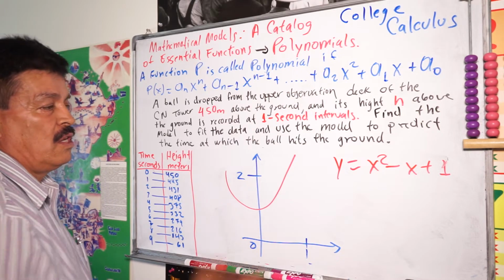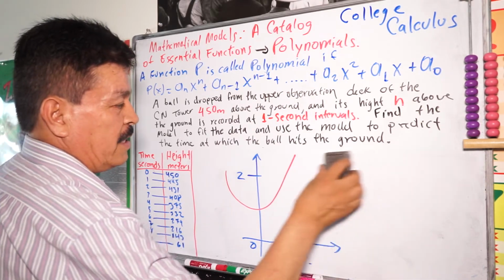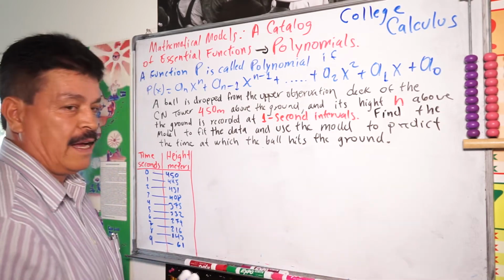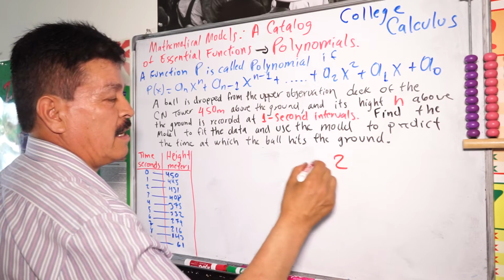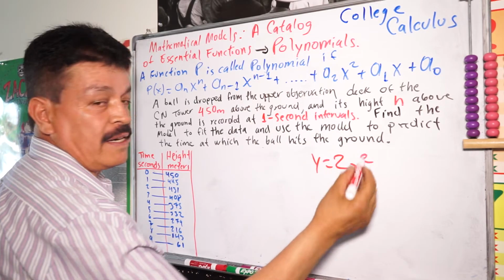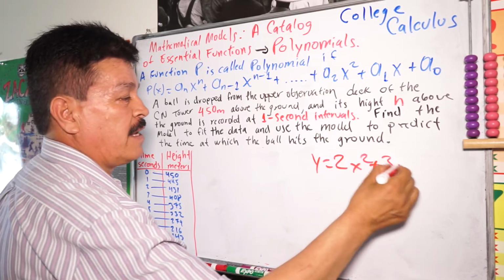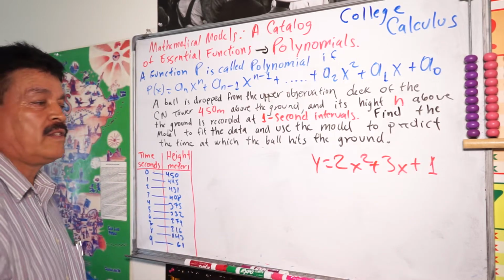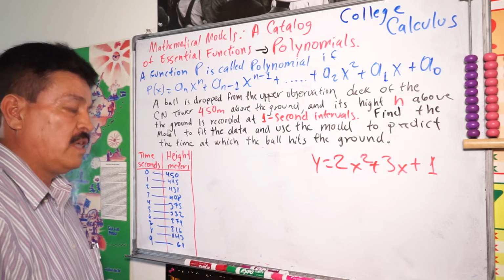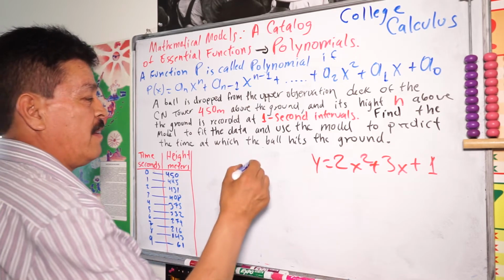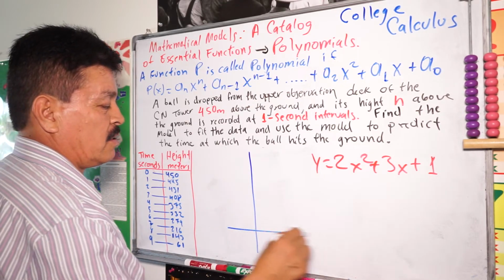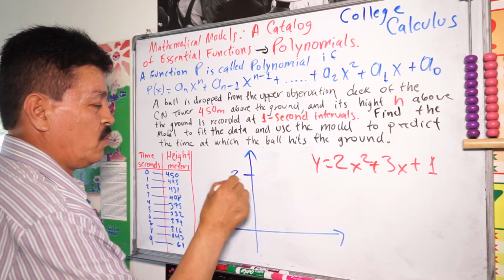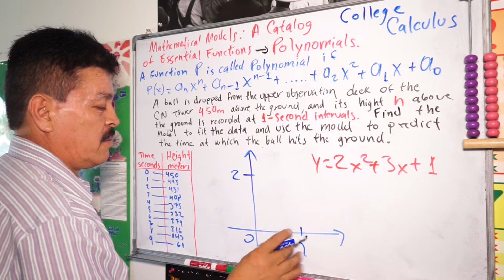Also, let me show you another case about polynomials, about functions. Let's write y equals 2x squared plus 3x plus 1. This is a quadratic function, and you want to graph it. The graph is shown like this, with 2, 1 and 0.